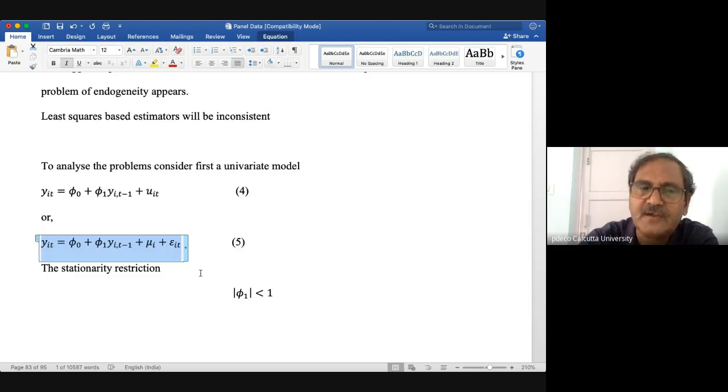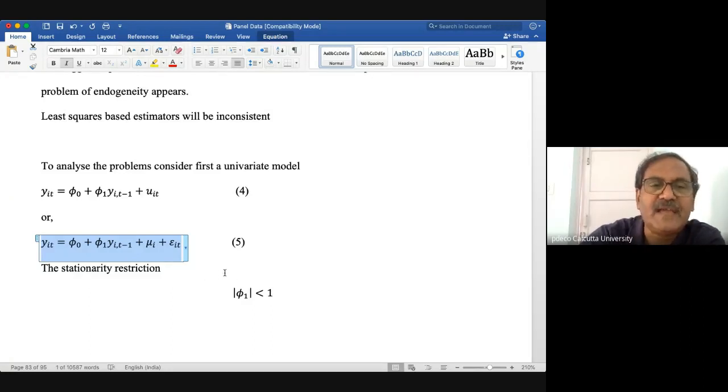Later on, we relax this assumption and introduce the cases where y follows a unit root, that is phi 1 is equal to 1. And as we are considering a panel, we have different possibilities here, and we have already discussed them in the section on panel unit root. So this is the extension of this generalized kind of model that will be discussed later on.